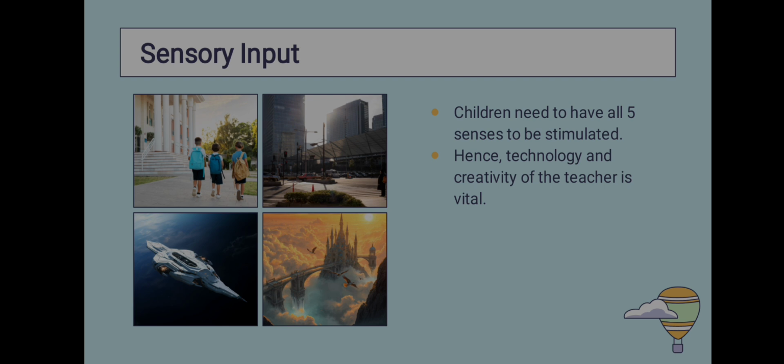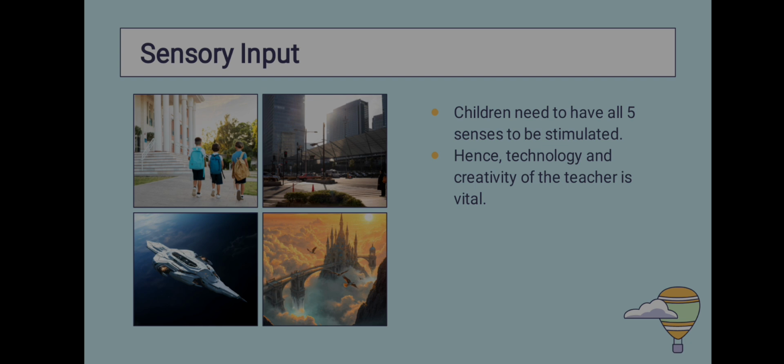First, sensory input. Children learn best when they use all five senses: sight, hearing, touch, taste, and smell. Teachers can incorporate songs, visuals, movement, and real objects to make lessons memorable and engaging.